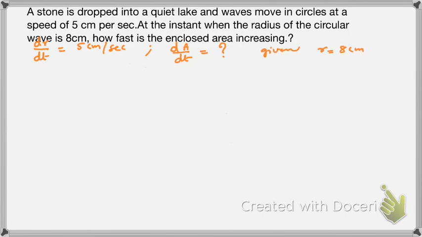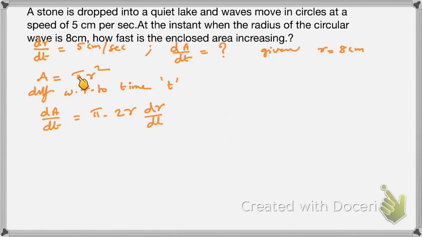So what's the relation connecting A and r? Area of a circle is pi r square. Once I establish this relationship between A and r, I'll differentiate this relation with respect to t. So differentiating with respect to time t, derivative of A with respect to t will be dA by dt. So dA by dt is equal to pi, the coefficient which stays there, times the derivative of r square with respect to t.